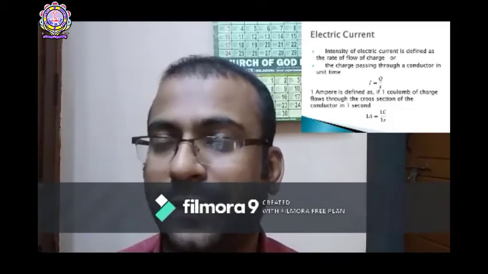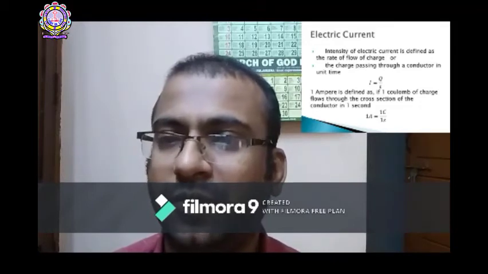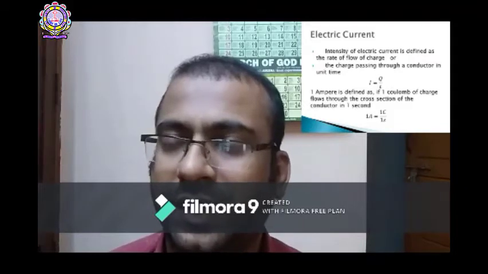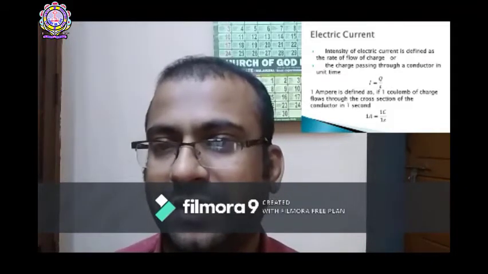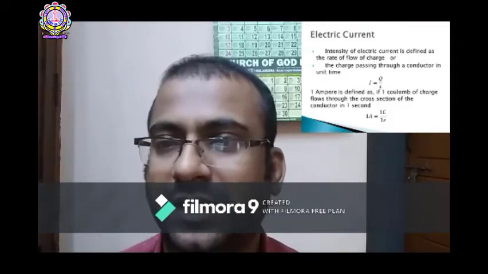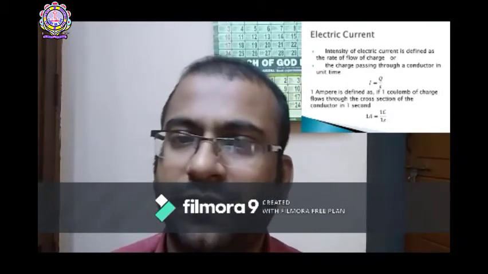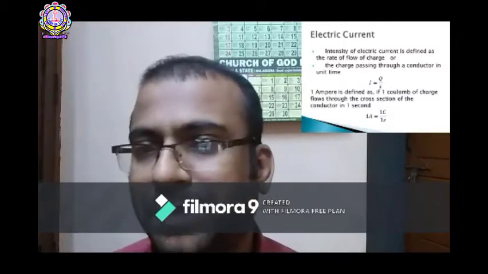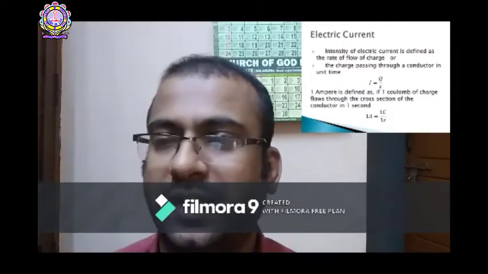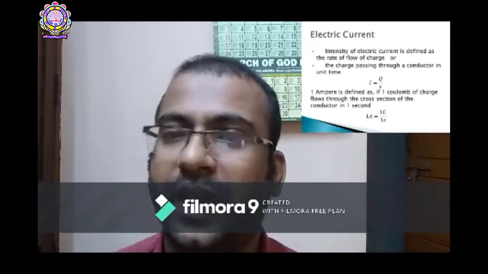So we substitute these values, and if you want to get 1 ampere, then we have to make the other values 1, that means 1 coulomb and 1 second. So we can define 1 ampere as: if 1 coulomb of charge is passing through a conductor for 1 second, then the intensity of current is 1 ampere. That is the definition of 1 ampere.